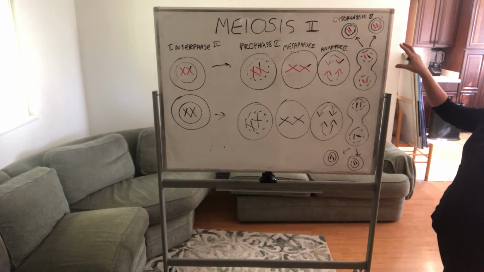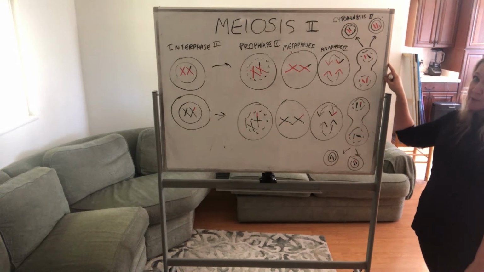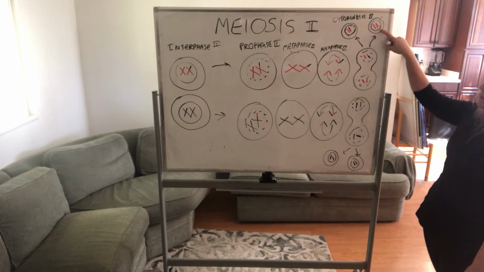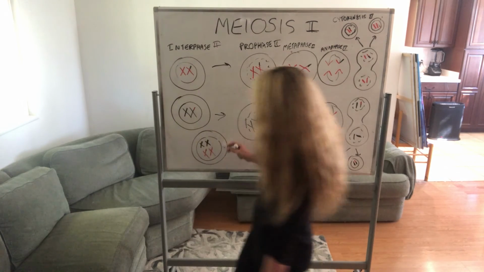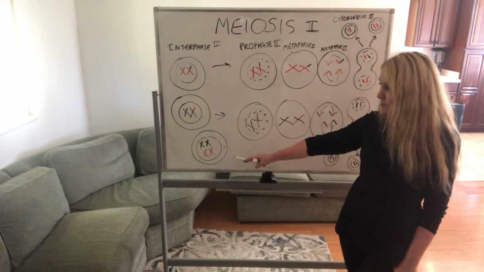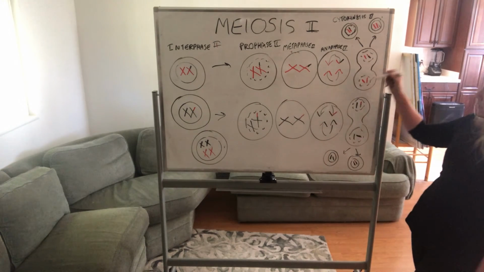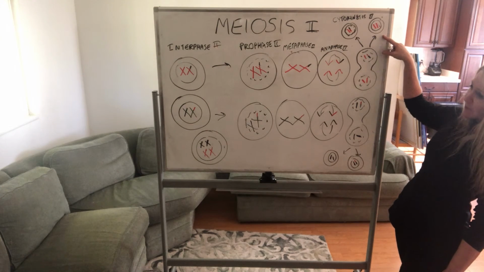So in the end, we're getting 4 cells. And they are haploid cells. So you'll notice they have half of the DNA as the original cell had. The original cell looked like this. This is the parent cell, right? Then it divided, and it divided again, and now we have half of the DNA.